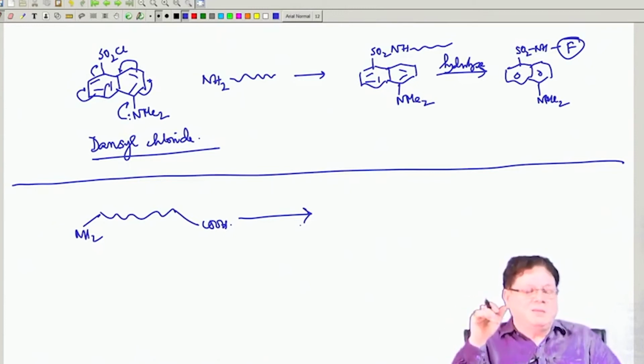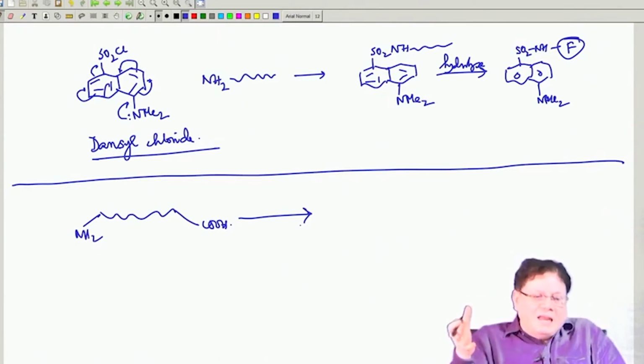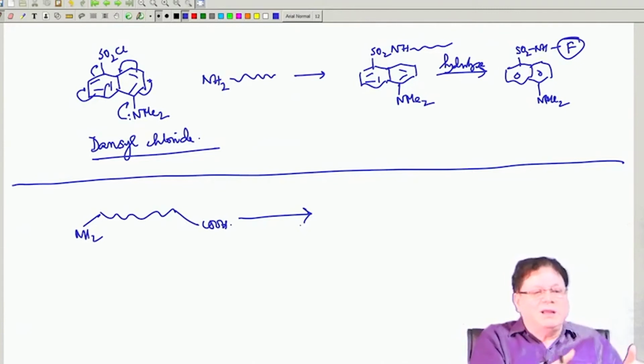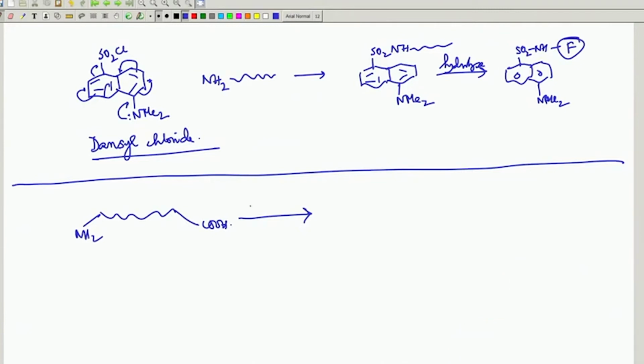Similarly, for the C terminus amino acid, you have to do some reaction that makes it different from the other amino acids. So, the first one that was tried was sodium borohydride in methanol.